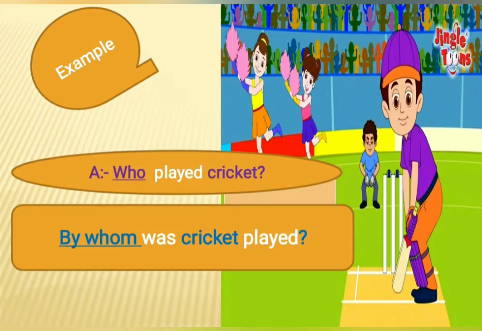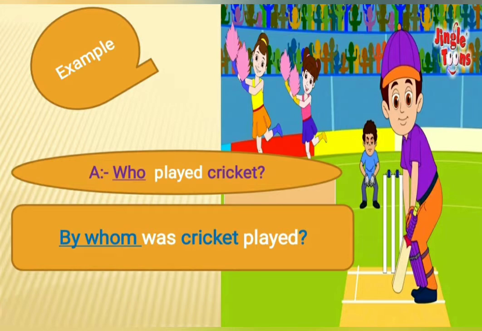And then, according to passive structure, what should come? Helping verb. So, because played is in past tense, helping verb will be was. Here, we will consider the subject singular because we don't know the number of the subject, whether it is singular or plural.